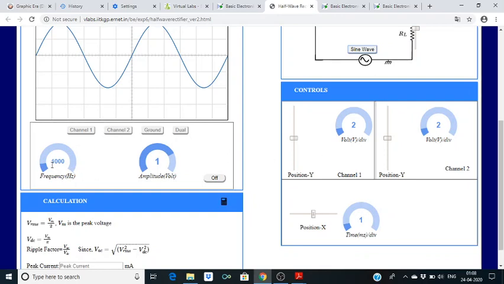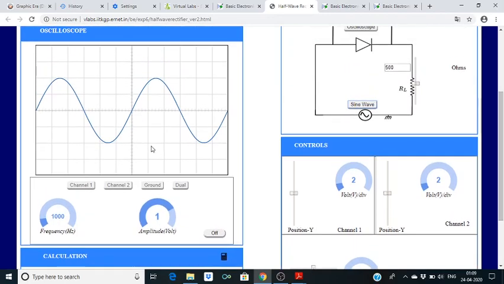We can change frequency and amplitude from here. Then we can move this graph upward and downward through this Y position for channel 1, and for channel 2 through this knob. In the X direction, for time per division, we can use this control.